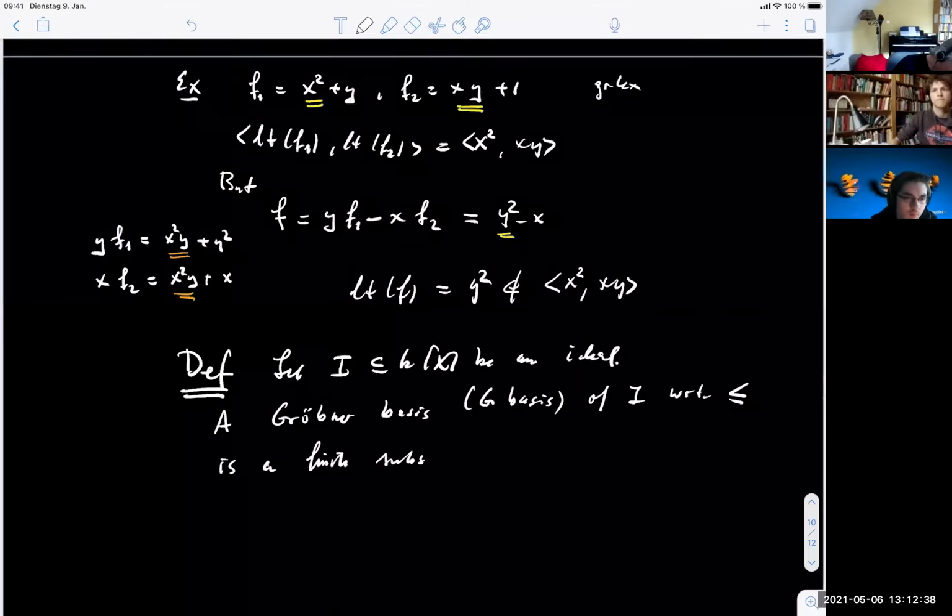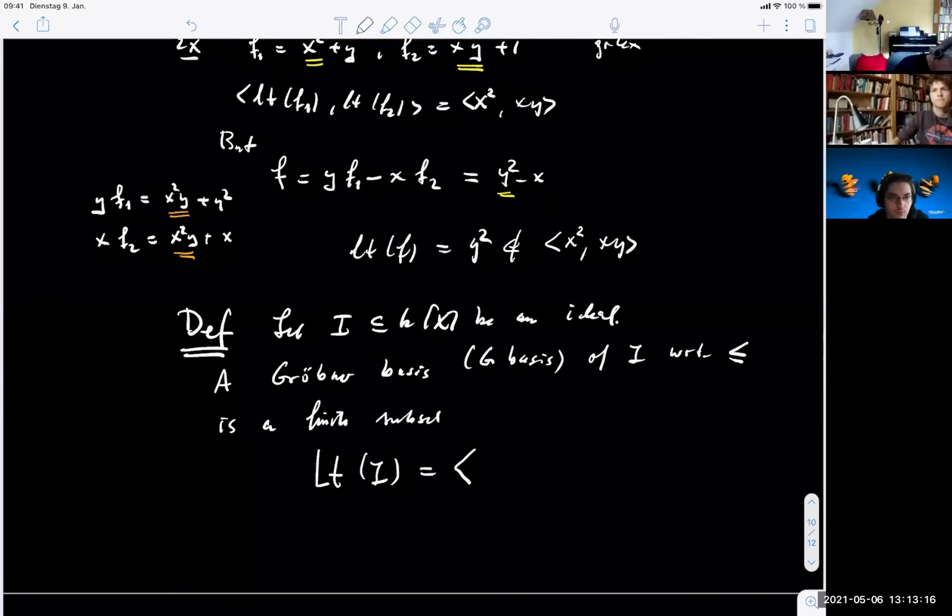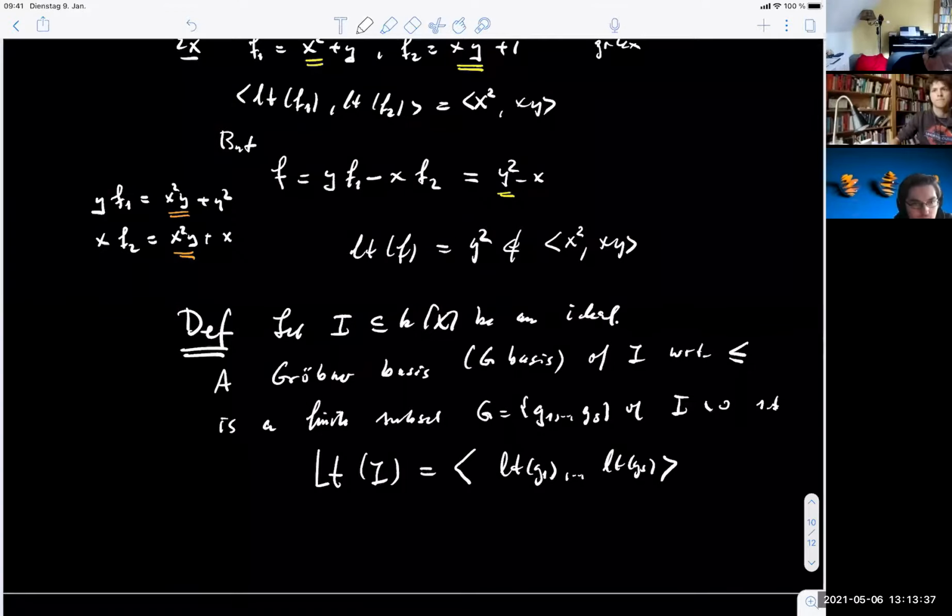subset G of I, where I don't want to have 0, such that the leading ideal is the ideal generated by the set of leading terms, the leading terms of the elements of G. This is the Gröbner basis.